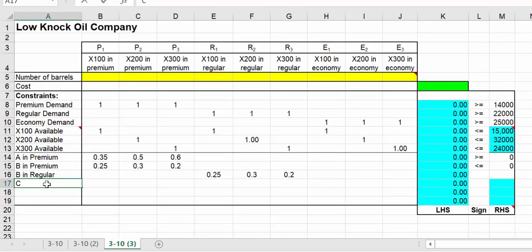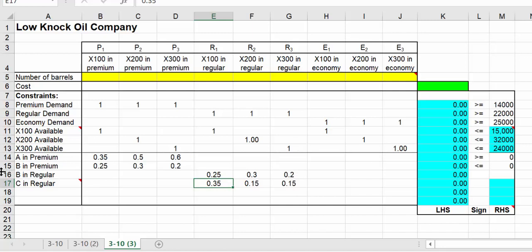So this would be C in regular, and this would be 35, and then 15 and 15. And again, this is the amount of C in regular: 35, 15% in X200, and 15% in X300.